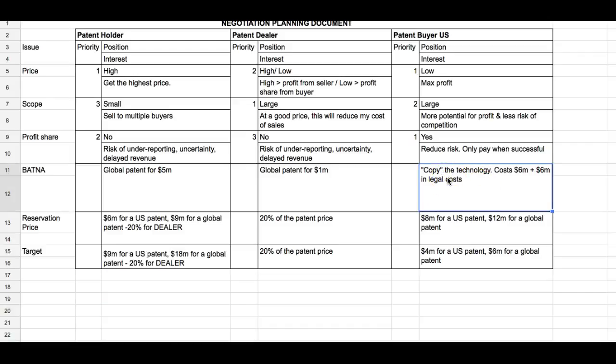Because the buyer can do the same thing without buying the patent. But why did you prepare this sales chart? What kind of simulation, right? Negotiation simulation? Yeah.